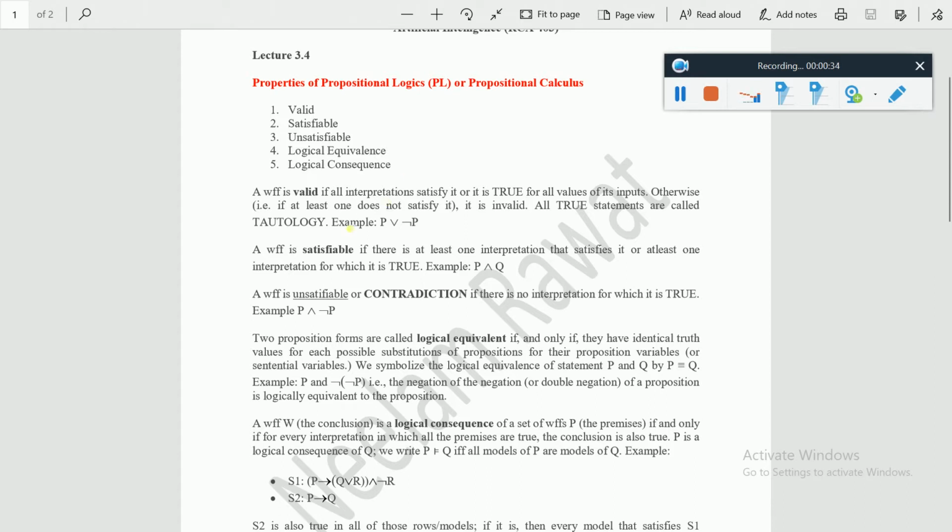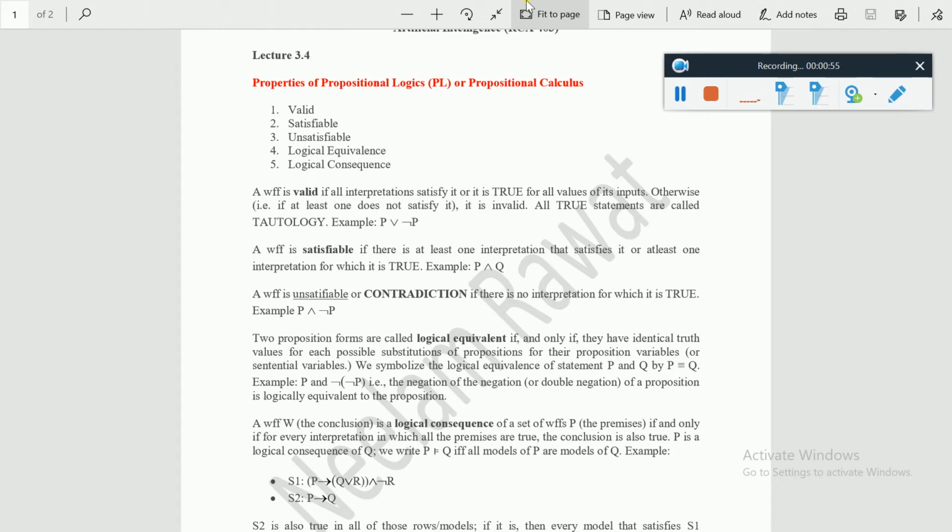The first one: any well-formed formula is valid if all interpretations satisfy it, or it is true for all values of its input.